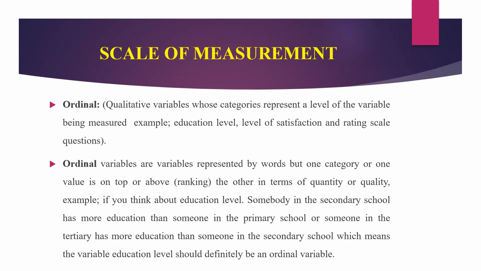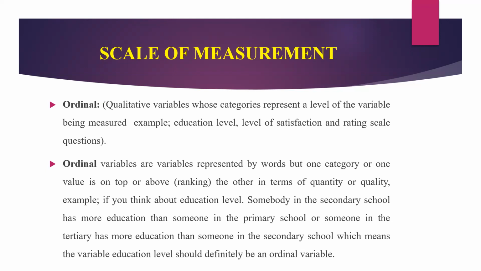A variable is said to be ordinal if it's a qualitative variable whose categories represent a level of the variable being measured. Example, education level, level of satisfaction, and rating scale questions. Ordinal variables are variables represented by words, but one category or one value is on top or above the other in terms of quantity or quality.